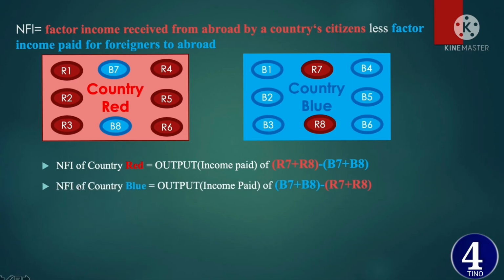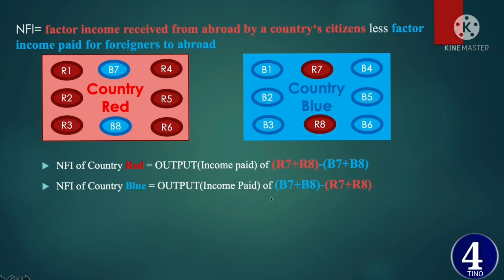Similarly, if net factor income of country blue is going to be considered, then we will deduct this, we will make R7's and R8's output go to their country, which means minus R7 and R8, but we will bring the output of B7 and B8 to their country, plus.